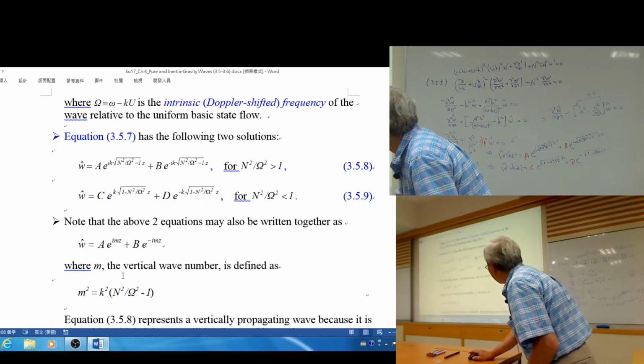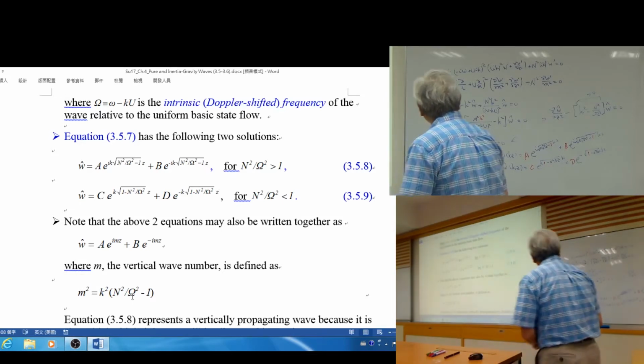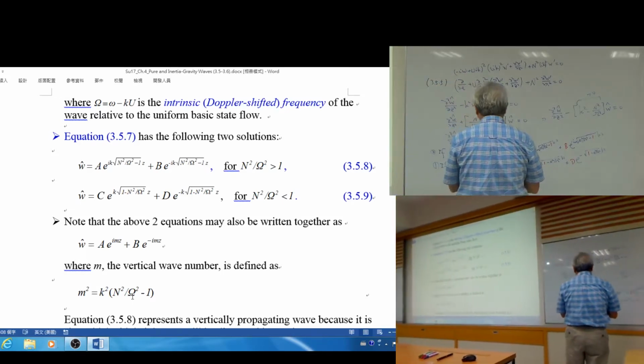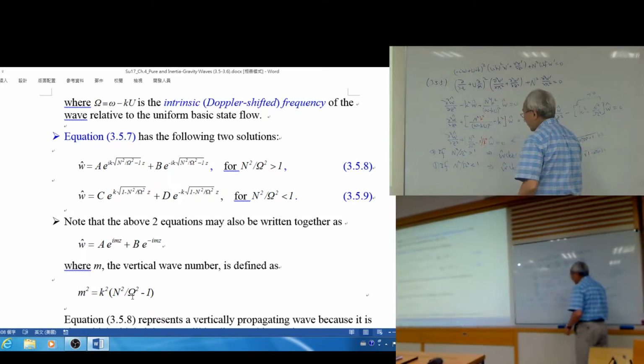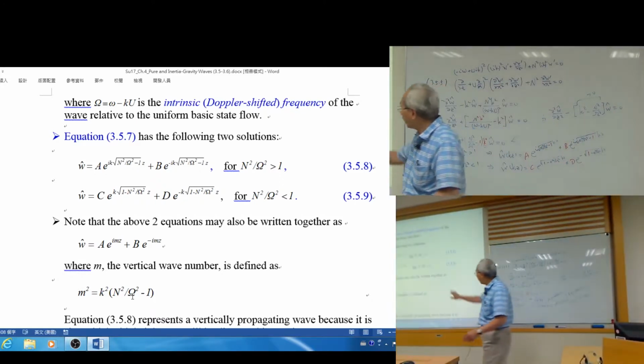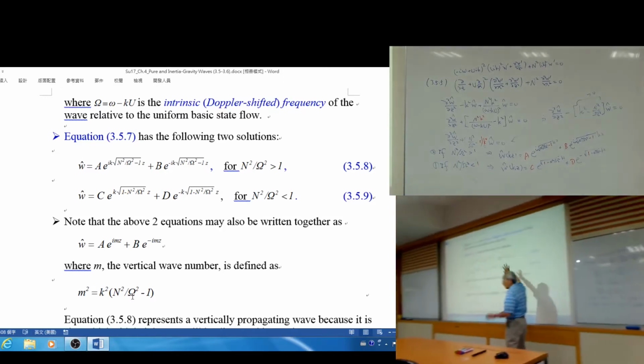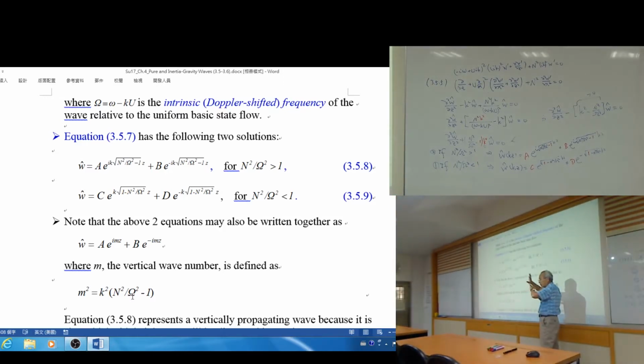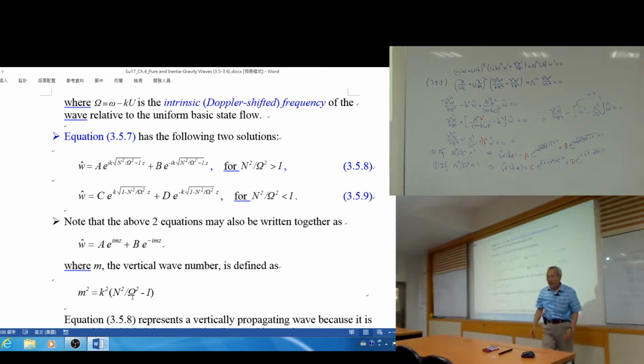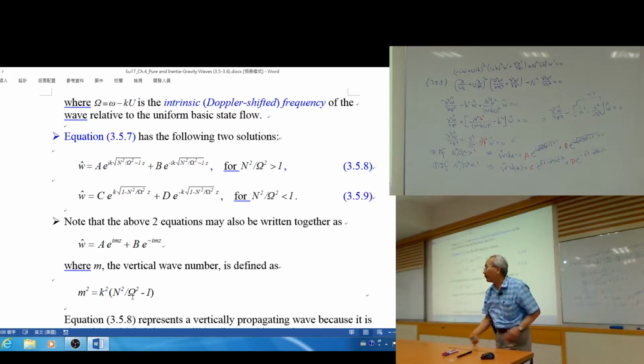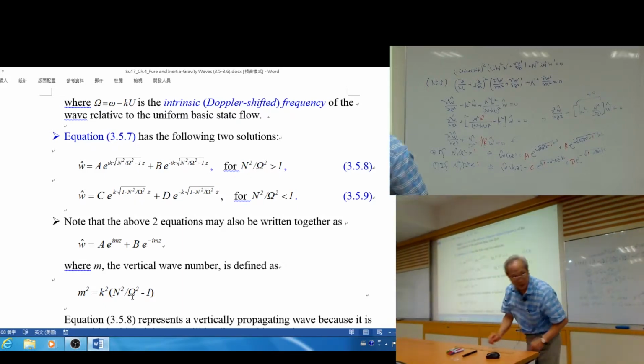Basically a simple way you can do it, I write this way on purpose to make it more clear. There are two different flow regimes. Mathematicians probably don't care about that.